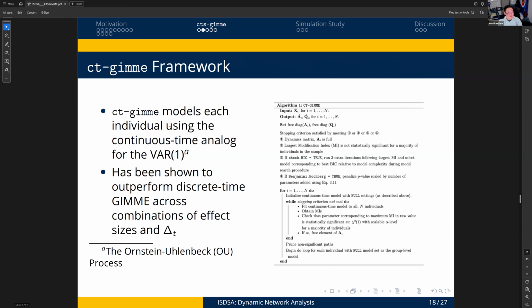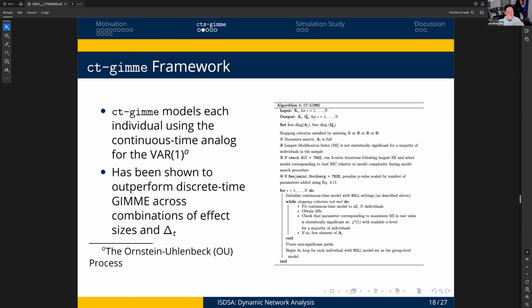Continuous time GIMME models each individual using the continuous time analog of the first order VAR, the Ornstein-Uhlenbeck process. It's been shown to outperform discrete time GIMME across different combinations of effect sizes and sampling rates. The general algorithm is to fit a null model, a model that's relatively empty.